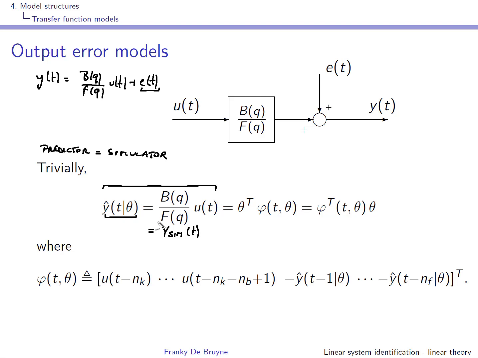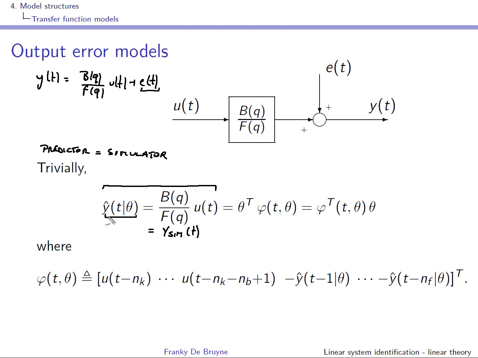In this case, if you use an output error model structure, we are also doing simulator error identification. So we are trying to make the simulation error as small as possible. This is why these output error model structures are really good in simulation, right?